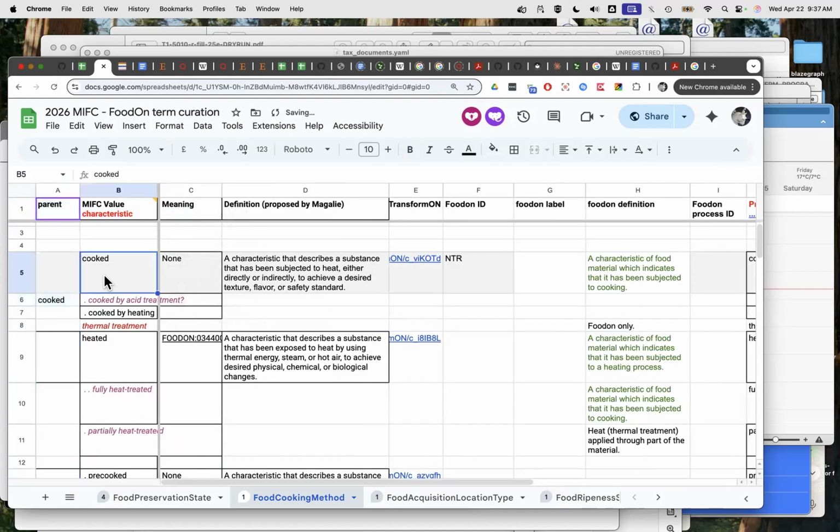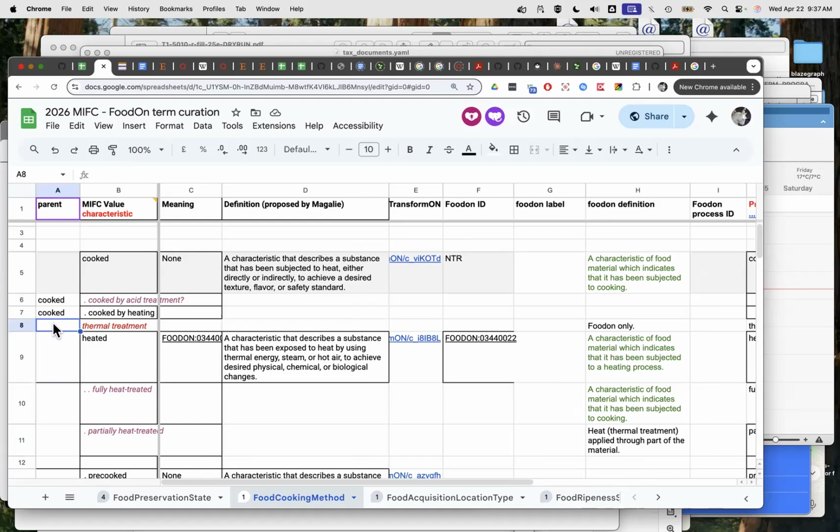And what do you mean by meaning in column C? What is the purpose of column C? Meaning is the MIFC semantic ID that points out to the world. So the FoodOn ID would come in column F. Yes, in my FC, or in any LinkML kind of schema, the meaning is meant to be a link to a URL from an ontology or vocabulary.